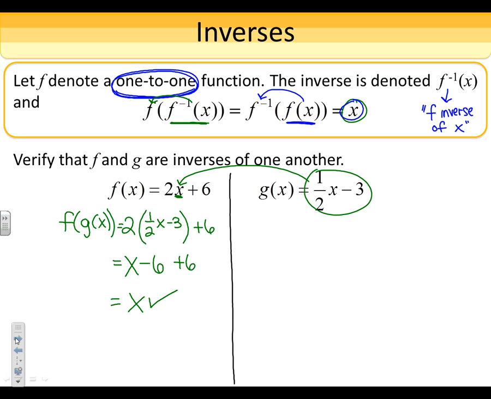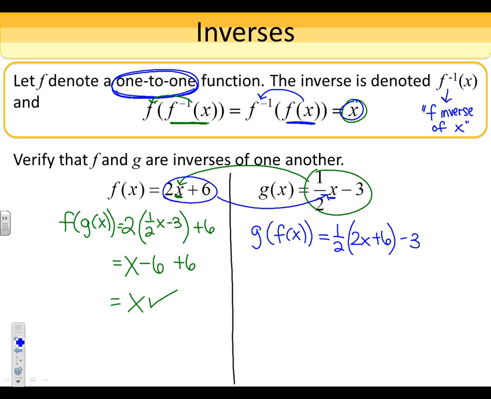But they're only inverses of each other if you get x going both ways. So I need to also check g of f of x. I'm going to take f of x and plug it in for x in my g equation. So 1/2, and I'm going to replace my x with 2x plus 6, minus 3 on the outside.